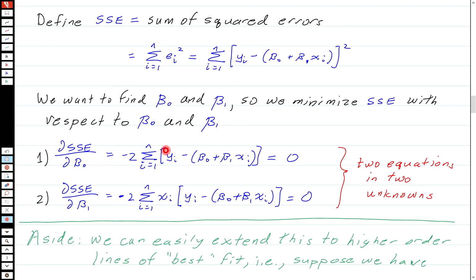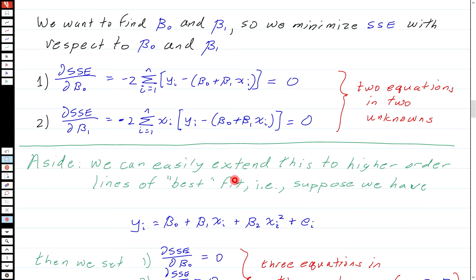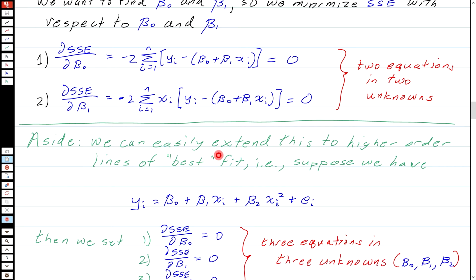Well, we see automatically if this thing here is equal to 0 and this thing is equal to 0, we can first of all divide through by minus 2 and get rid of that term. Before I do that, I just wanted to mention that this approach, this idea of taking derivatives and setting them equal to 0, is easily extended to higher order lines of best fit. So suppose we had yi was a quadratic function of x. So beta naught plus beta 1 xi plus beta 2 xi squared plus some error.